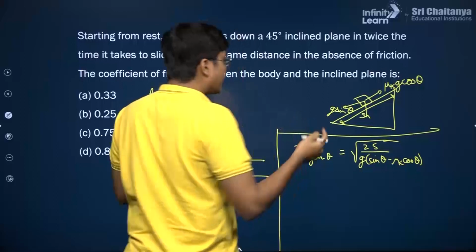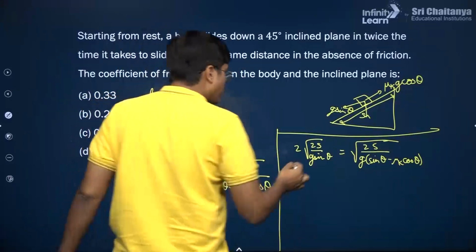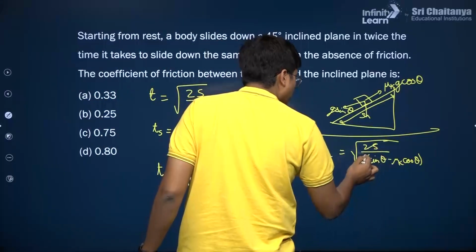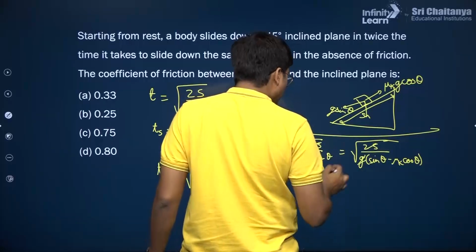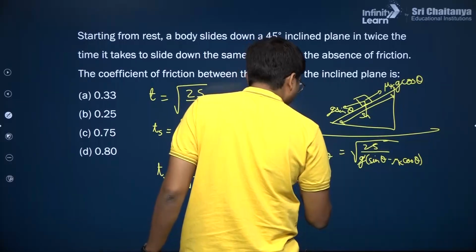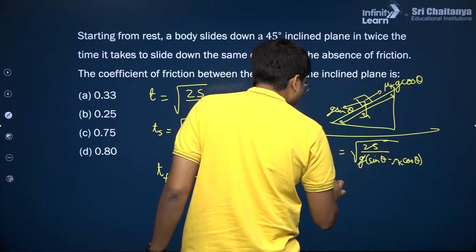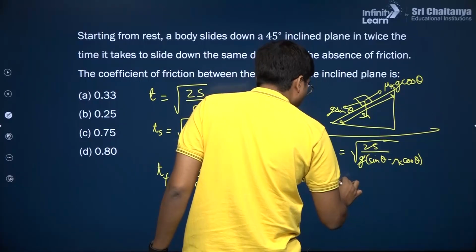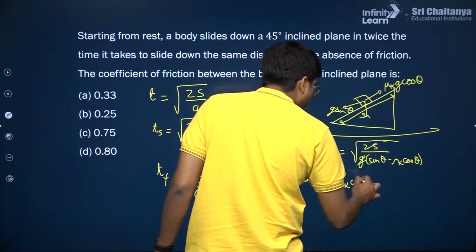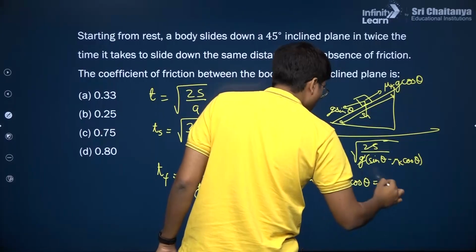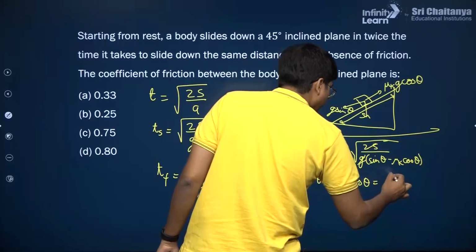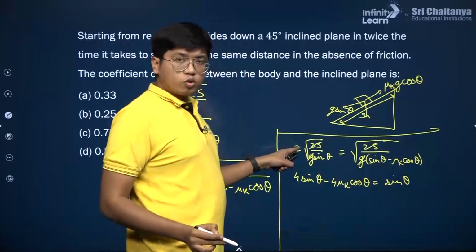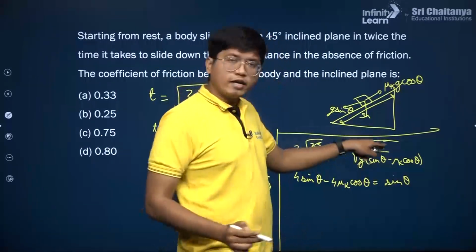So over here, firstly I'll square both sides, but before even I do that, I can remove the 2sg over here. So when I square both sides, I get 4 sine theta minus 4 mu k cos theta is equal to sine theta, just sine theta. I squared, so this 2 became 4, and then I cross multiplied on both sides.